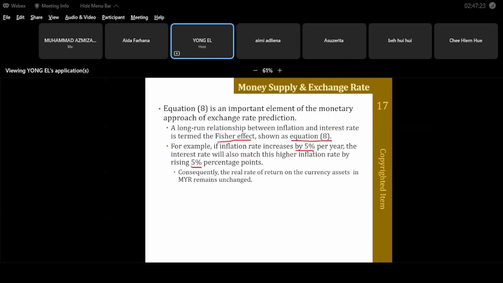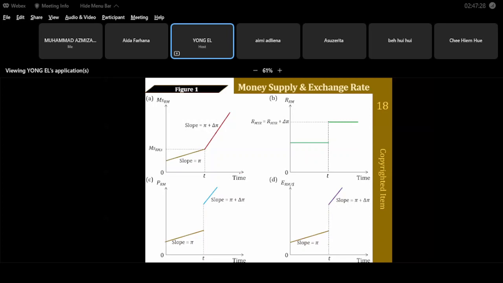Right. Let's see. Okay, I think I better just directly show you the graph here to give you further explanations of the Fisher effect. Now, first of all, we are considering money supply increases in the first place.